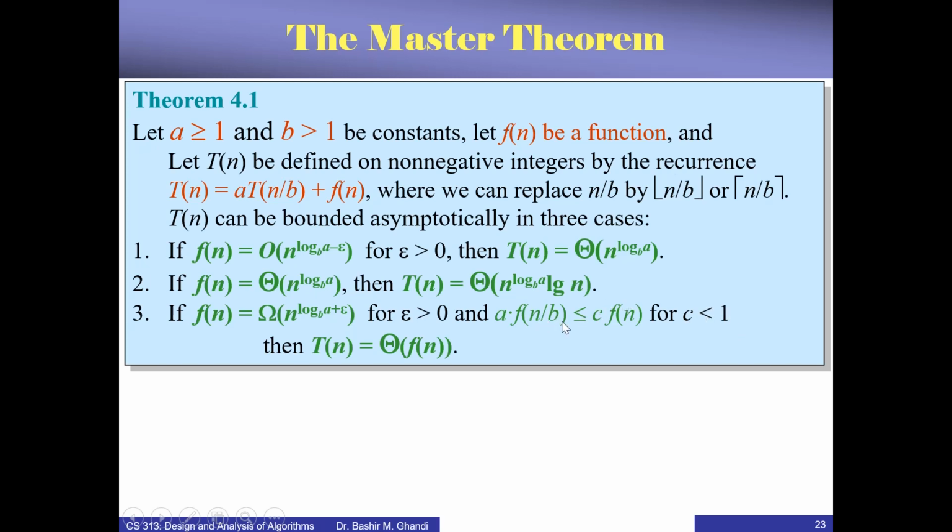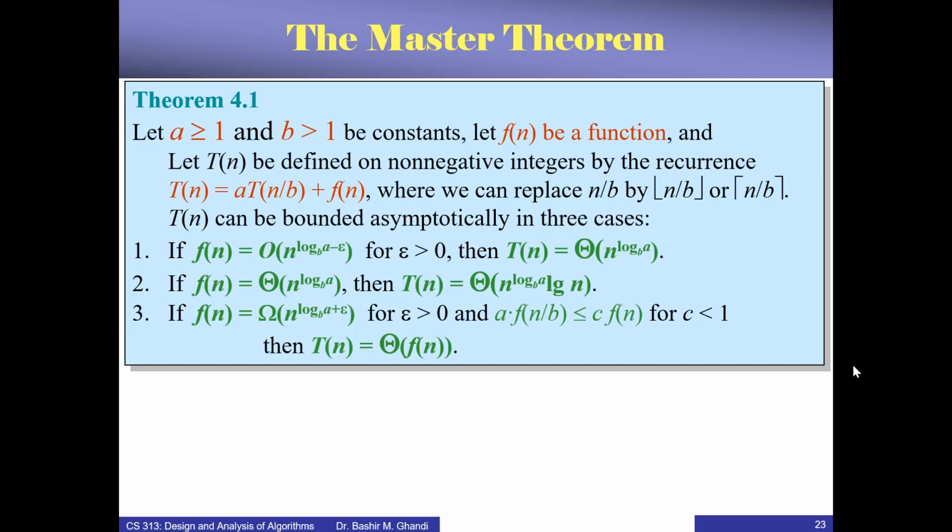So this is basically trying to ensure that f(n) is monotonically increasing. We will see this when we come to the example. So if we have these 2 conditions, then we can say that T(n) is Θ(f(n)). So this is the theorem. Sounds a little complicated, but actually it's much simpler than it sounds.